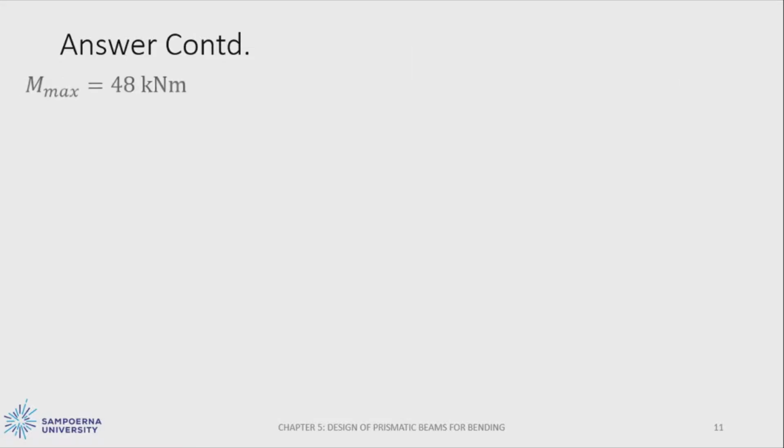Then after we know that the maximum value of moment is equal to 48 kilonewton meter and the maximum allowable stress is 160 megapascal, we need to design the beam having a minimum S equal to moment over the allowable stress.